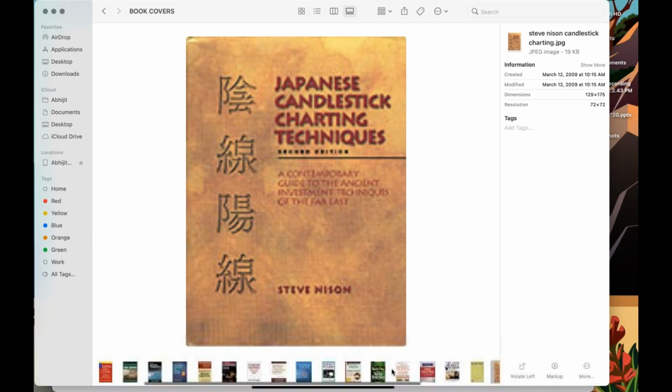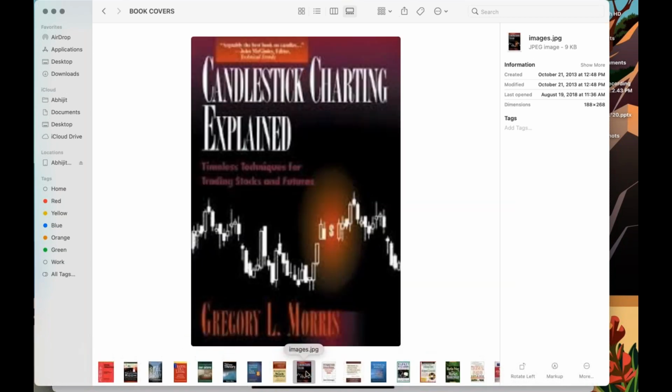There's another book which I stumbled upon in late 2005 in Mumbai, written by Gregory Morris, Candlestick Charting Explained. Now, this was very lucky for me. You know why?